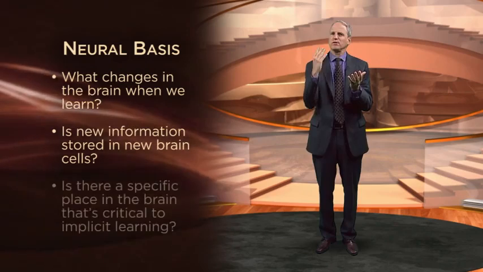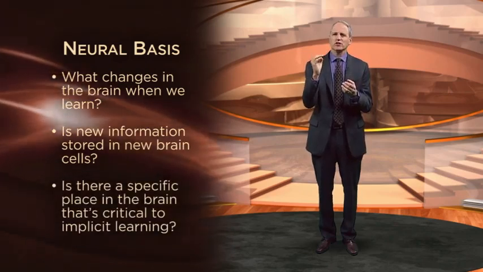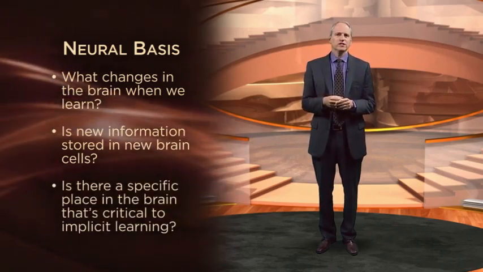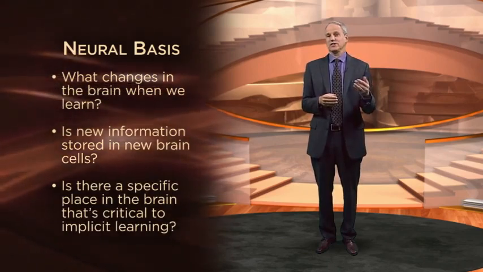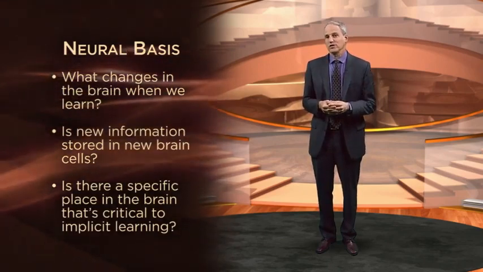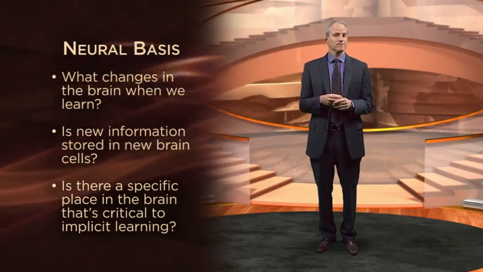Is there a specific place in the brain that's critical for implicit learning, similar to the way the hippocampus and medial temporal lobes are critical for explicit learning? Eric Kandel and his colleagues at Columbia University started working on these kinds of questions by studying the gill withdrawal reflex in Aplysia. And those studies eventually led to the Nobel Prize in Physiology.